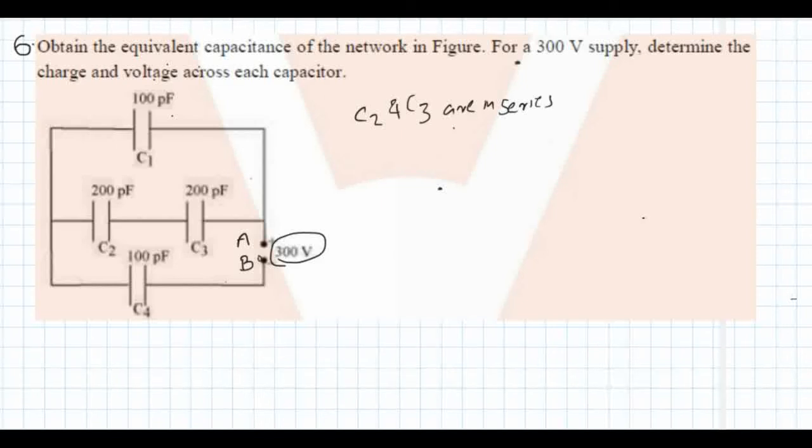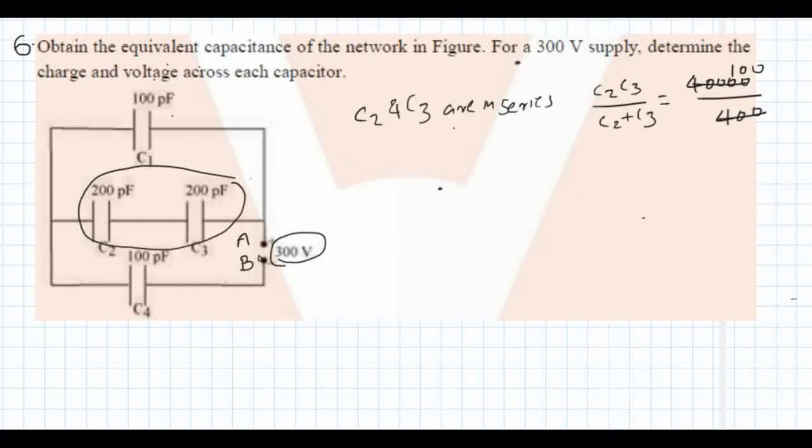It is C2 into C3 by C2 plus C3, and that is equal to 400 divided by 400, so is equal to 100. So the effective capacitance of these two will be 100 picofarads.